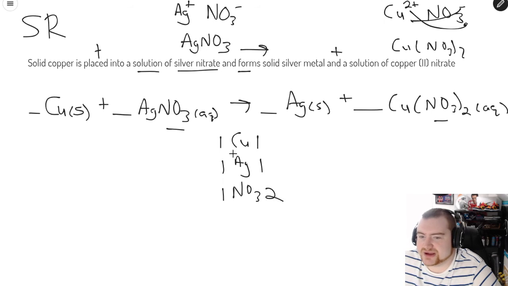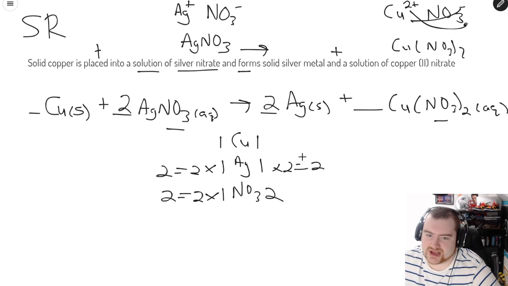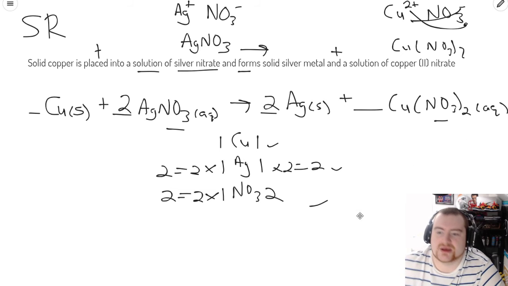We'll start off by balancing our nitrate right away. So we have to multiply by 2 on the bottom. That gives us 2 there. That also made us multiply our silver by 2. So that means we'll have to do that again over here. And that'll be our balanced reaction. Okay, 1 copper, 2 silver, 2 nitrate.